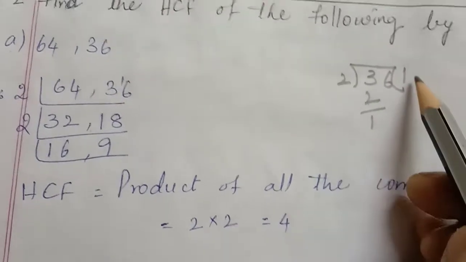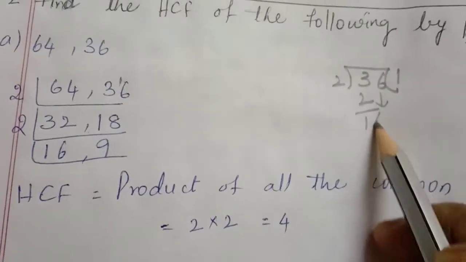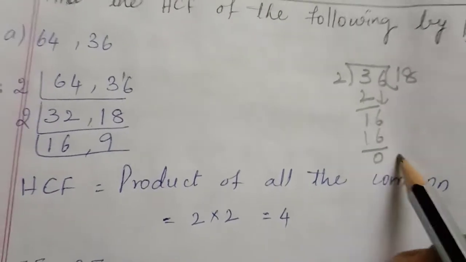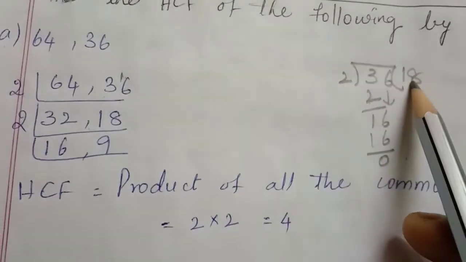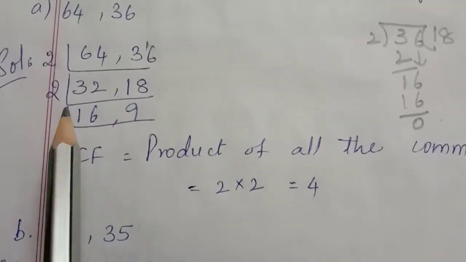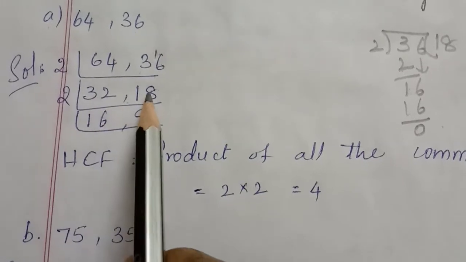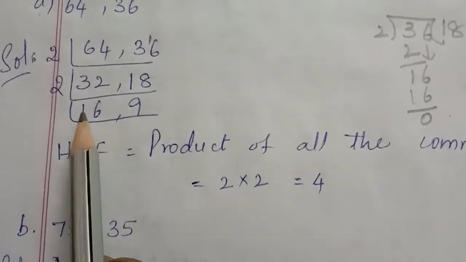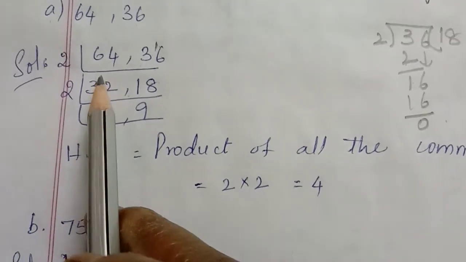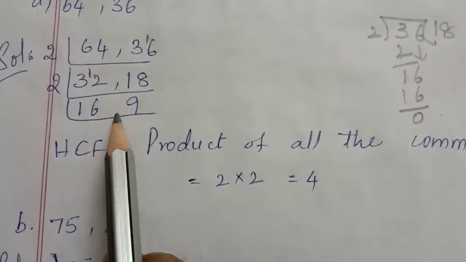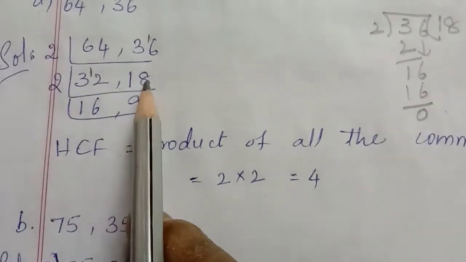Remainder is 1. And now get down 6. 2 8s are 16. Okay. So 2 into 18 is 36. Okay. Now these two numbers will again be divisible by 2. 2 1s are 2, 1 remainder. 2 6s are 12. Now 2 9s is 18.